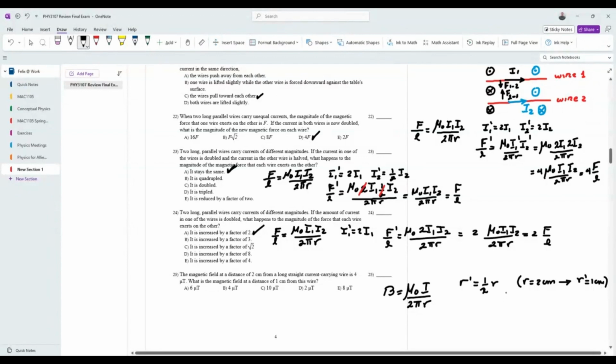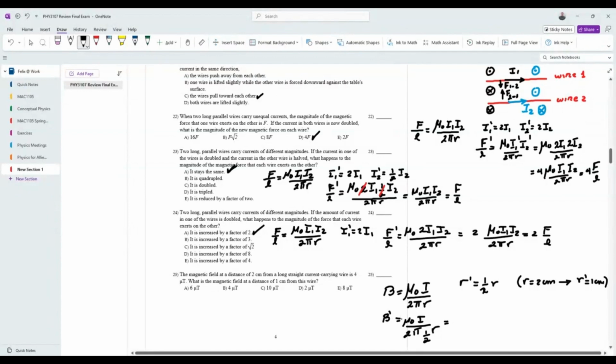So we can just replace r prime by 1 over 2 r, and we get B prime equals mu sub 0 I over 2 pi r, where r would be 1 over 2 r.